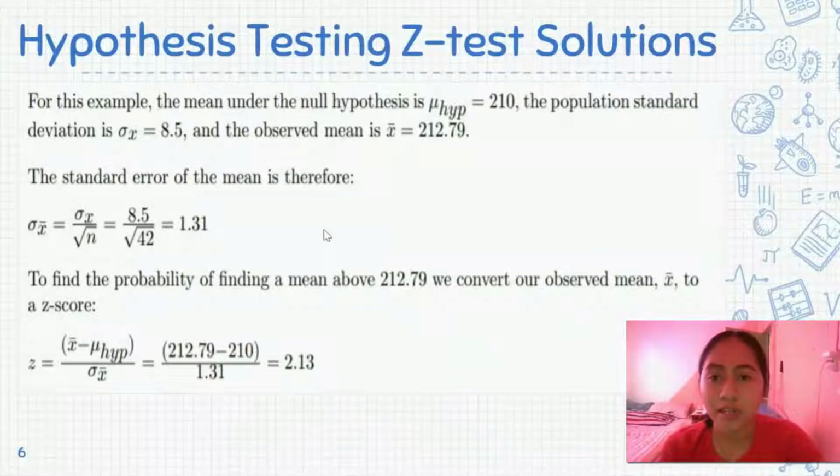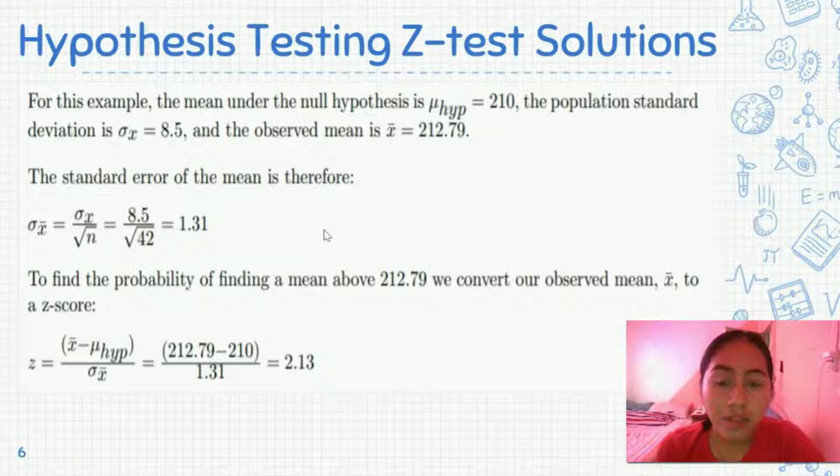So these are the solutions to the problem. In this problem, the mean under the null hypothesis, mu hypothesis, equals 210, the population standard deviation is 8.5, and the observed mean is 212.79. So these are the given data in the problem.